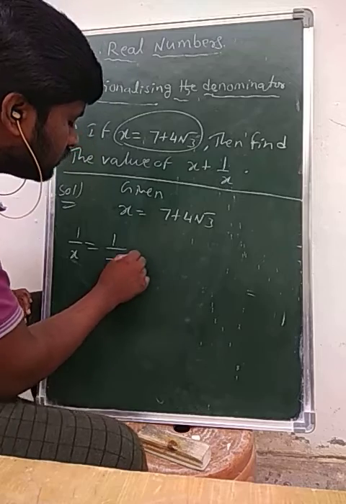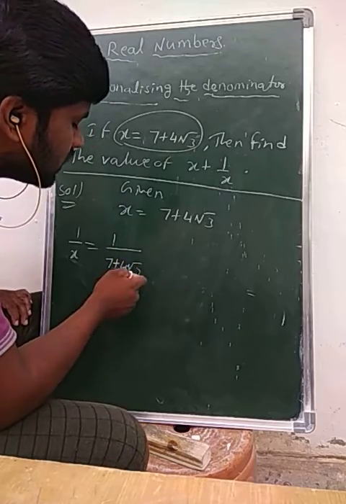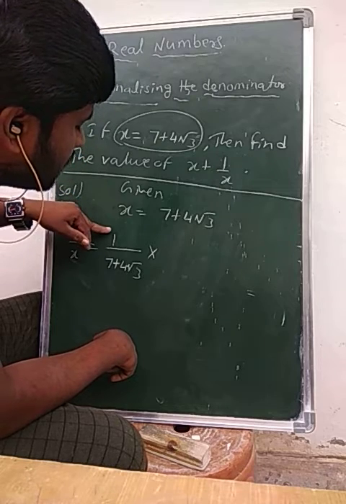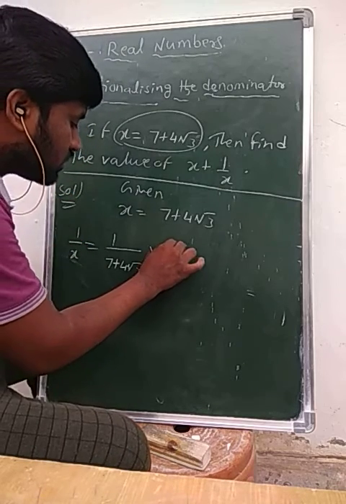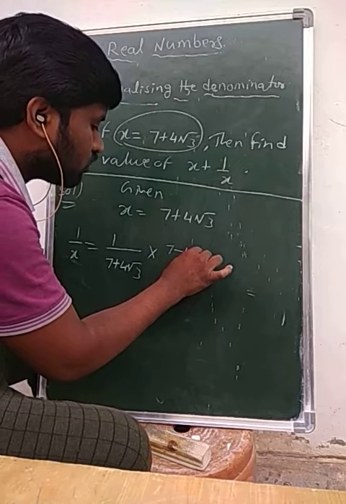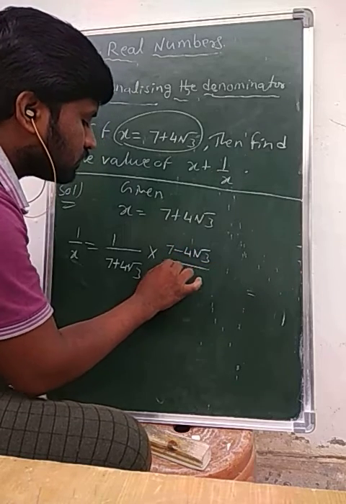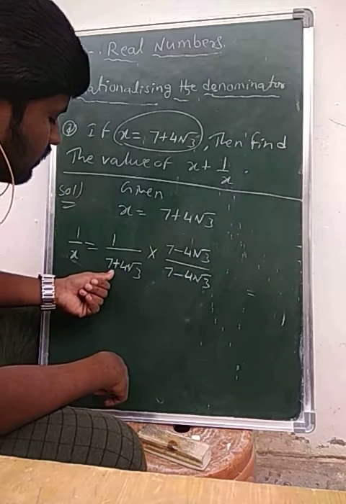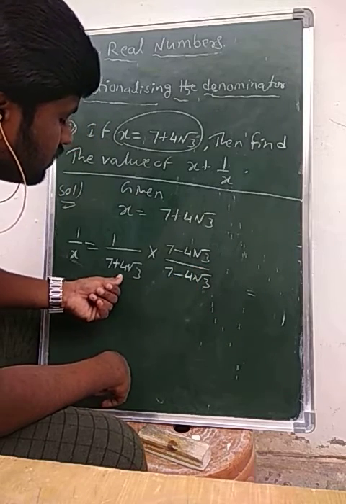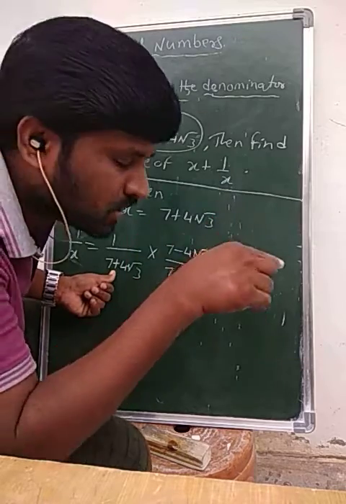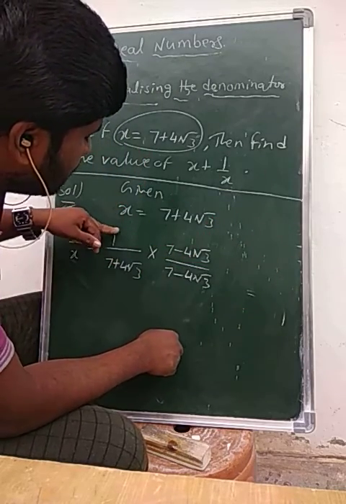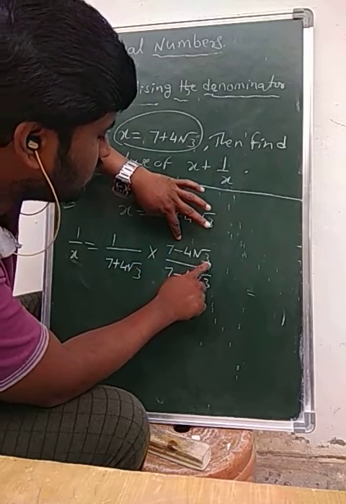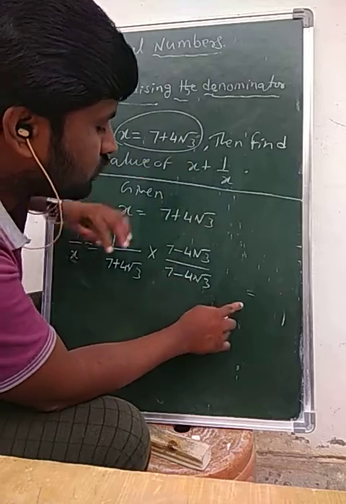Now I am going to rationalize the denominator. I'm going to multiply the numerator and the denominator with 7 minus 4 root 3 by 7 minus 4 root 3. You just see here, 7 plus 4 root 3 is the denominator, so rationalizing the denominator we multiply the numerator and denominator with 7 minus 4 root 3 by 7 minus 4 root 3.